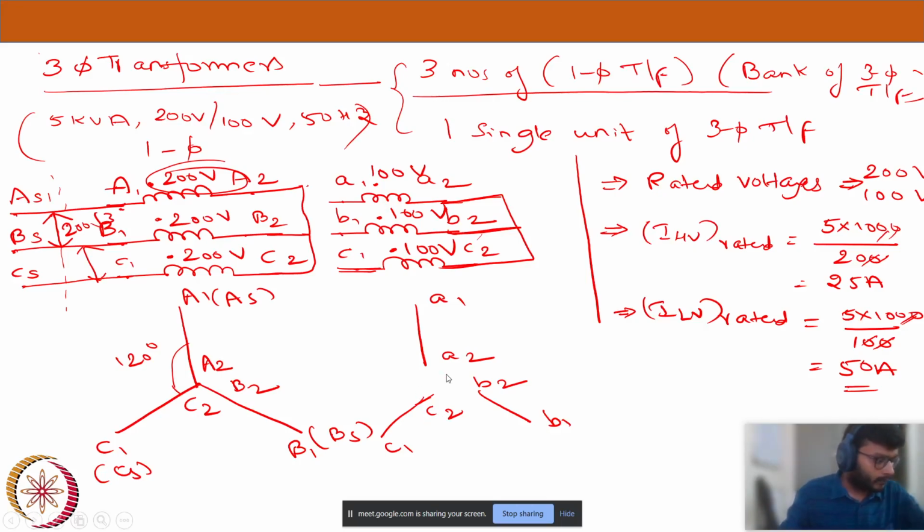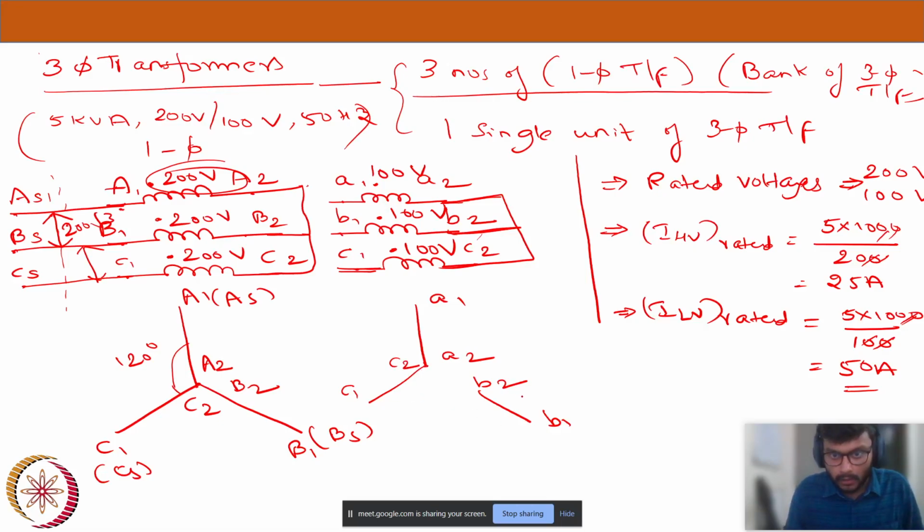Now I'm just moving my phasor here, C1, C2, because A2, C2 are at the same potential.